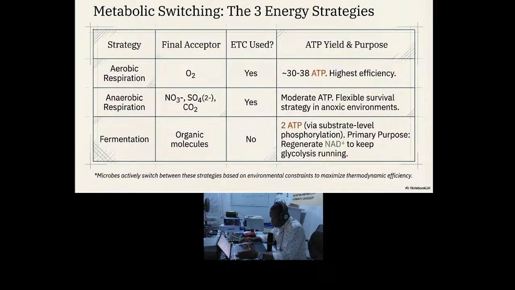So what we are saying in essence is that microbes actively switch. They can switch depending on the environment, the enabling environment around them, and that is what is called thermodynamic efficiency: the ability of any microorganism to switch between strategies.